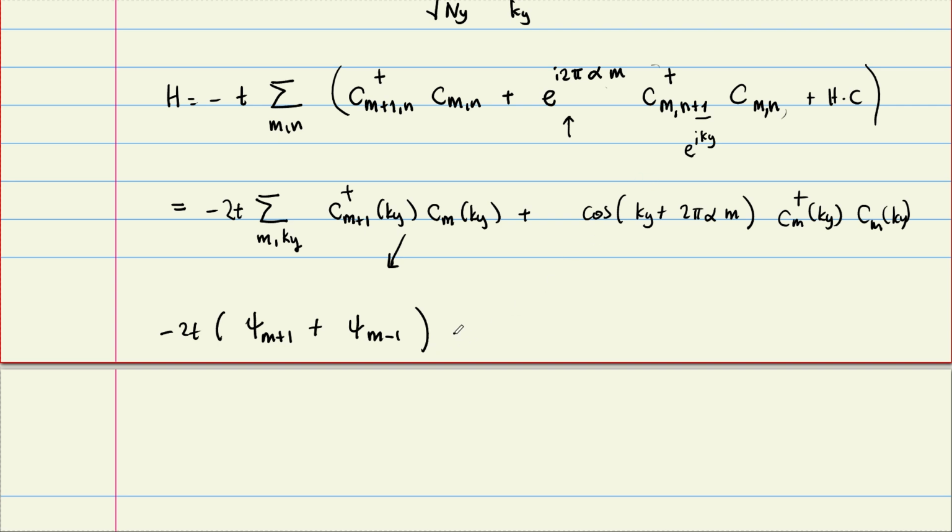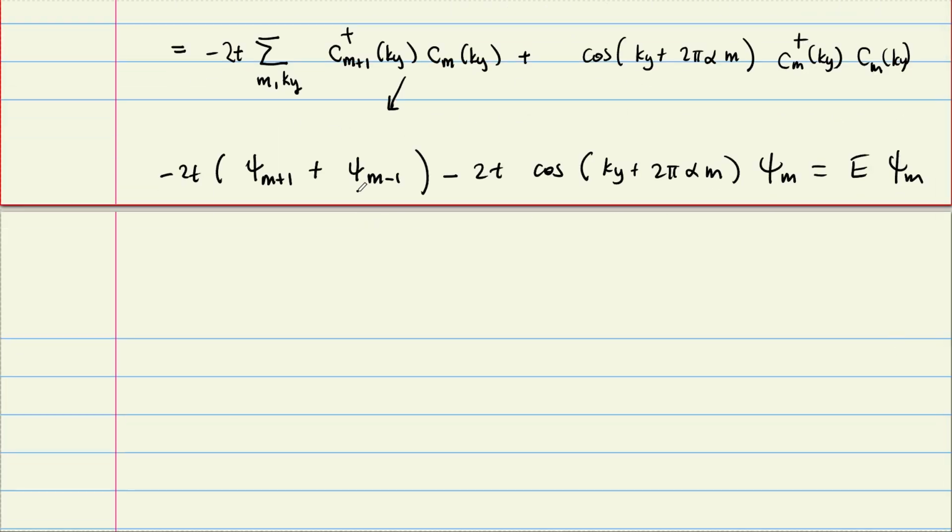And the second one is going to give minus 2t cosine of ky plus 2 pi alpha m, psi m, equal to e psi m. And this is what sometimes people call Harper's equation.